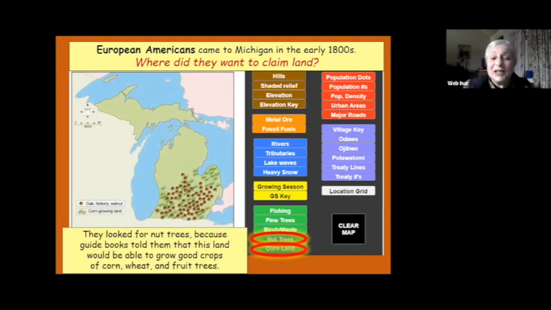So they looked for nut trees, because the guidebooks and advertisements for this less expensive land in Michigan told them that if they found nut trees, this would be a good place where they could grow corn and wheat and fruit trees.